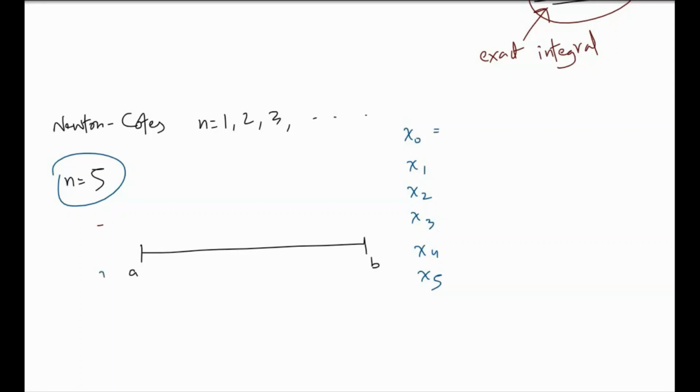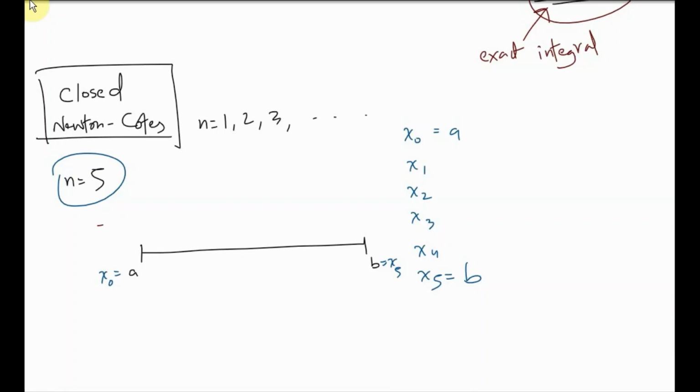X0 is always going to be equal to a. x5 is going to be equal to b. Okay, this is in the context of closed Newton-Cotes. So we're talking about the closed Newton-Cotes formula. Inside the closed Newton-Cotes formula, x naught has to be equal to a, and x5, basically the last node, has to be equal to b.